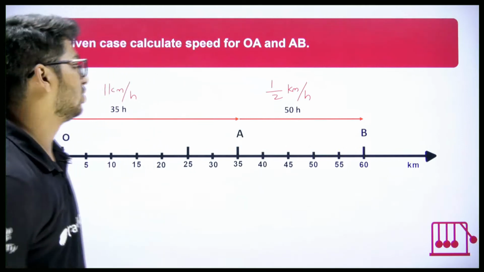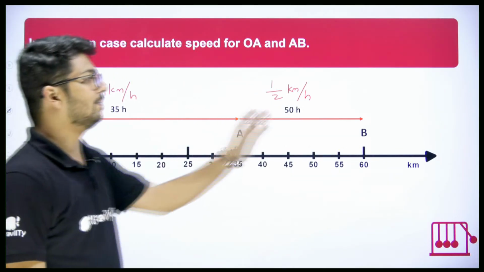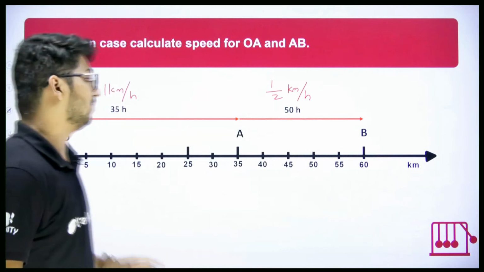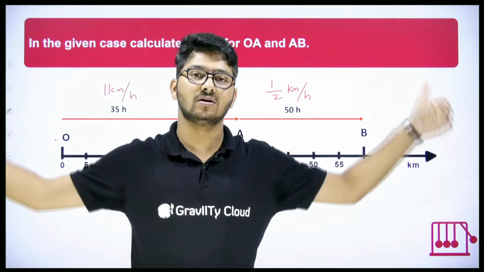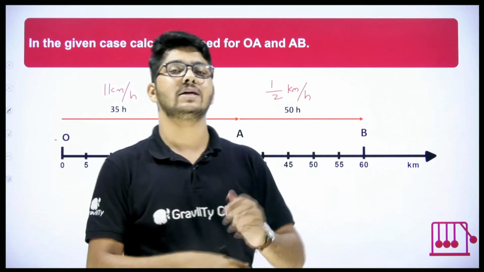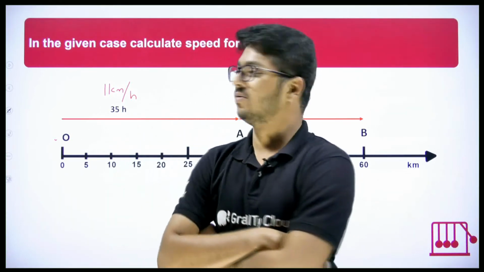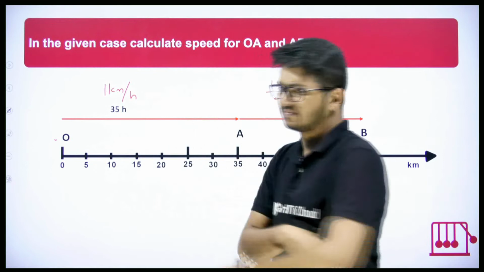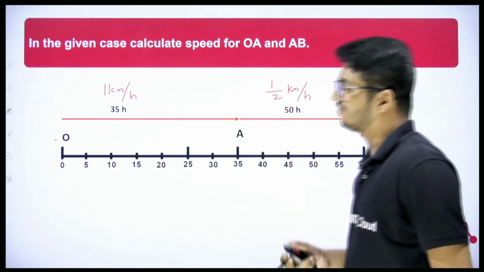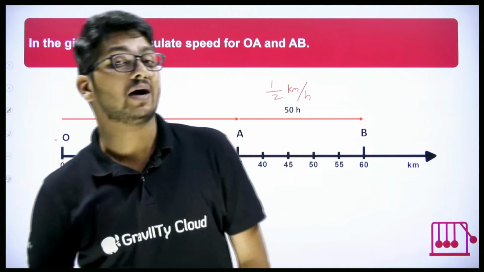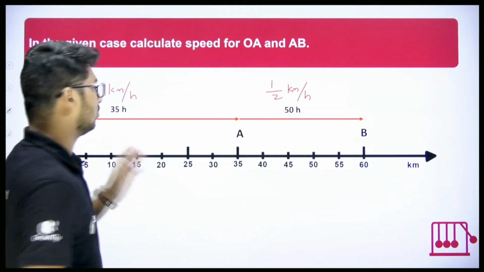Now if I ask a question, from O to B, that is for the complete motion, what is the speed? What will you tell? Will you tell it as 1 kilometer per hour or will you tell it as half kilometer per hour? I'm asking you for the complete motion O to B.